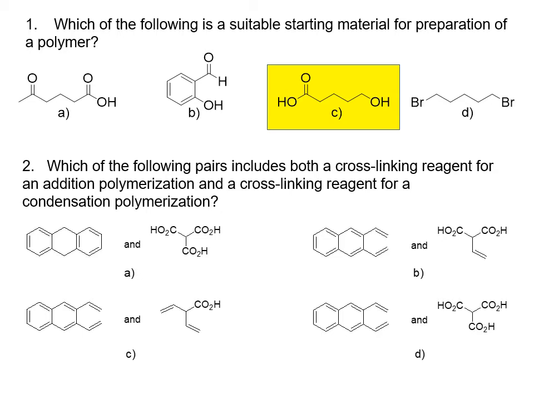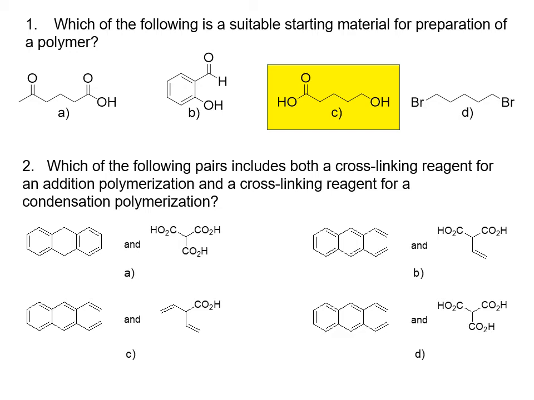B, we have 2 double bonds in compound on the left. So that is cross-linking reagent for addition polymerization. But we have then dicarboxylic acid, and that's not cross-linking reagent for condensation polymerization. We would need another carboxyl group.